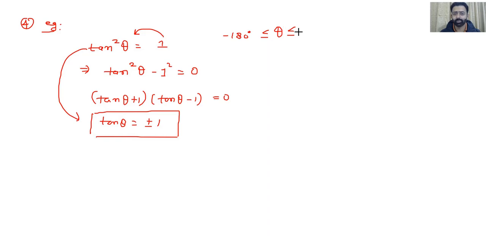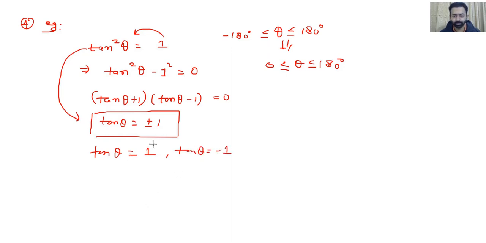Let us make it more complicated: to 180 degrees. So break this domain into 2, 0 to 180 degrees and minus 180 to 0. Consider this as 2 different equations, when tan theta is plus 1 and tan theta is minus 1, right?